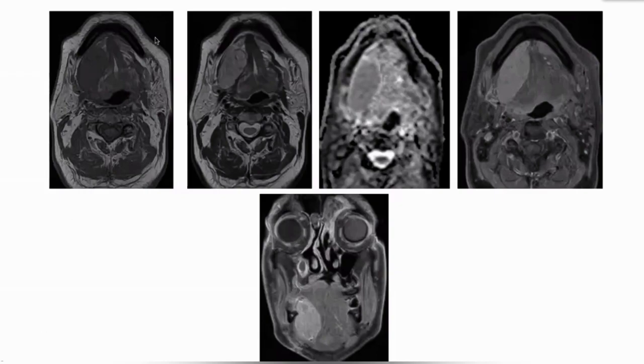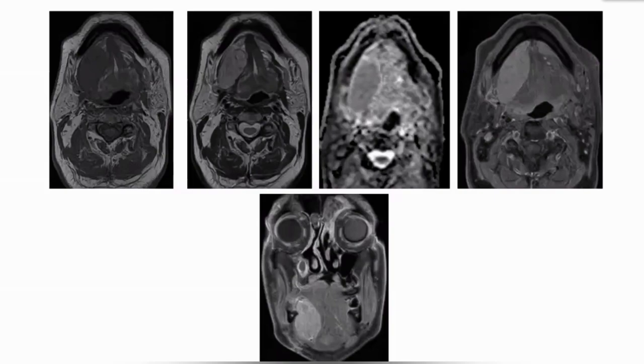I can appreciate that there is a well-defined heterogeneous abnormal signal intensity area noted within the right sublingual area, and it is appearing hypo-intense on T1.